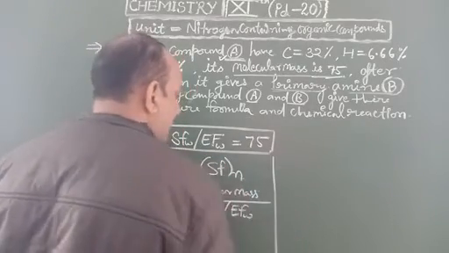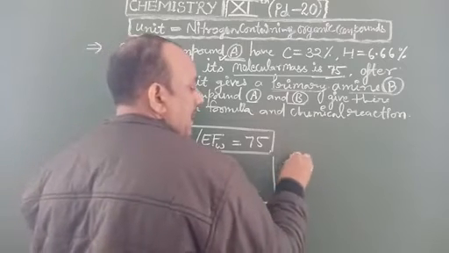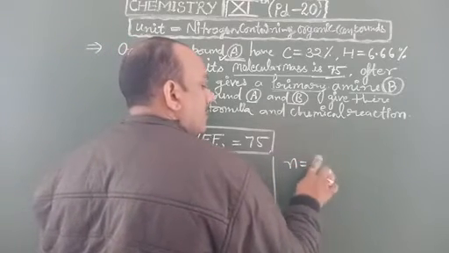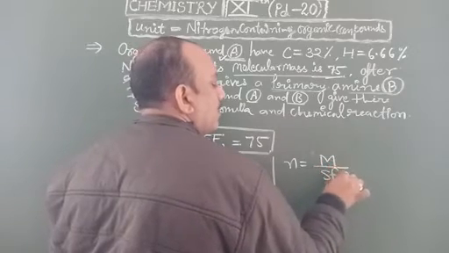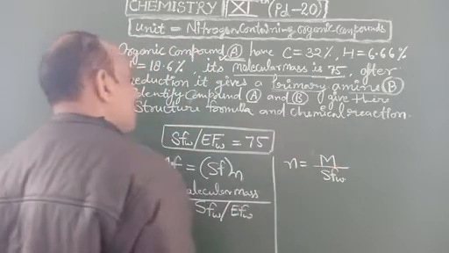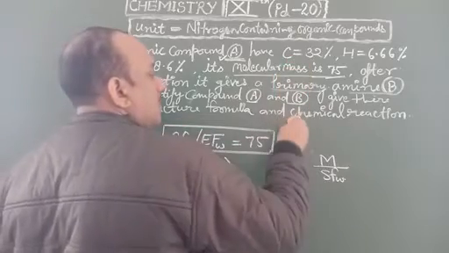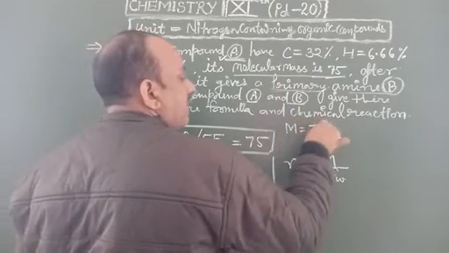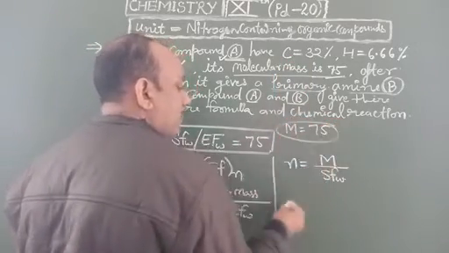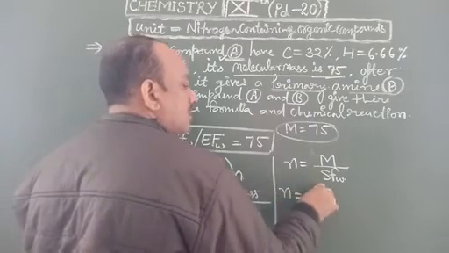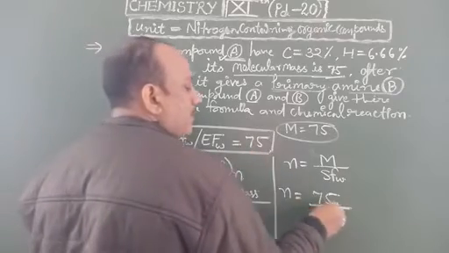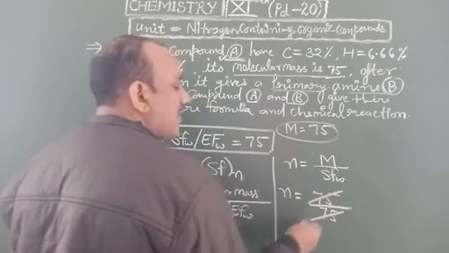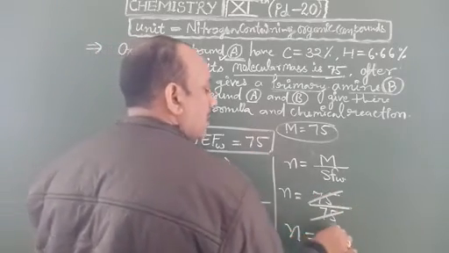So we also write it n equals m upon SFW. According to the question, the value of m equals 75. Then we put n equals 75 upon SFW, which is also 75. So the value of n equals 1.